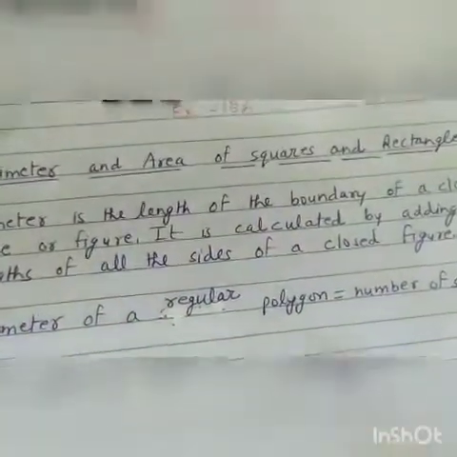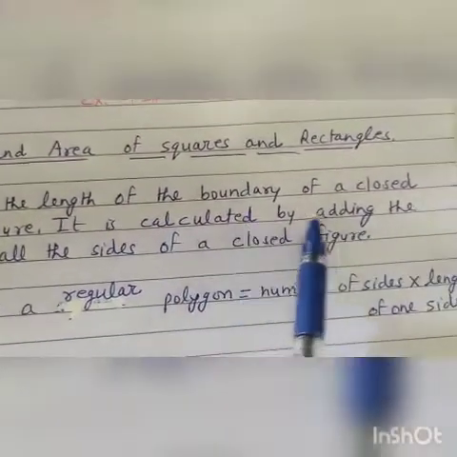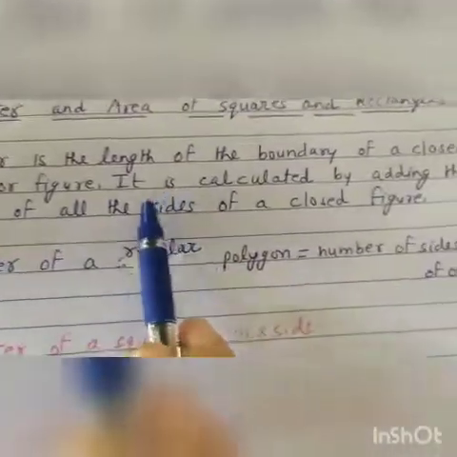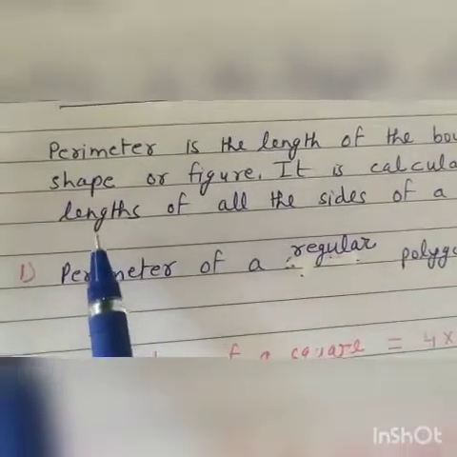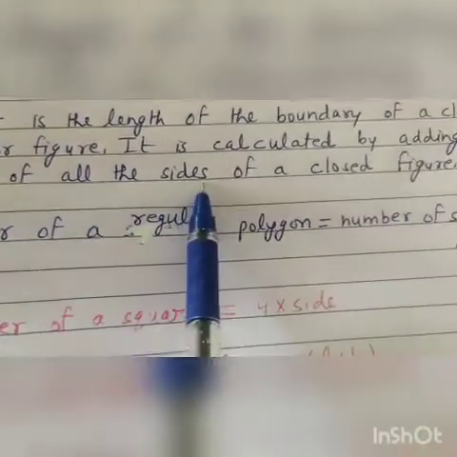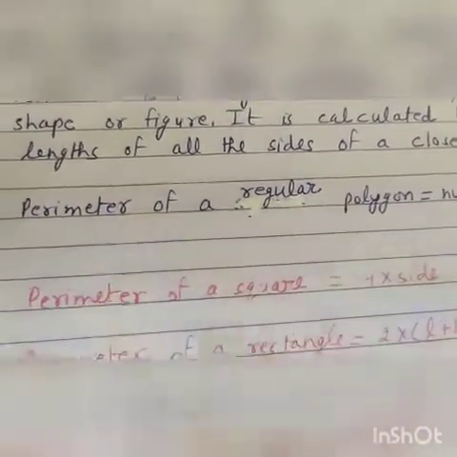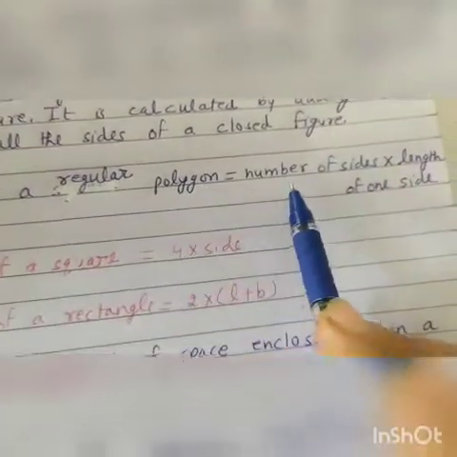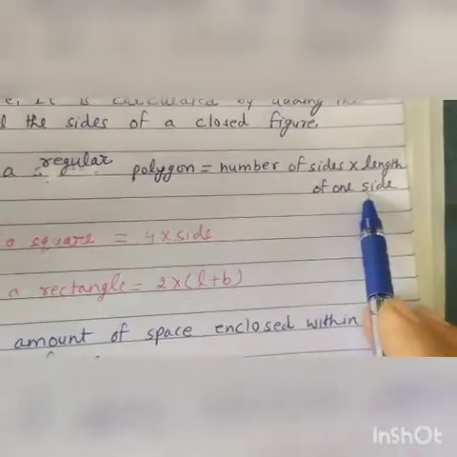So see, perimeter is the length of the boundary of a closed shape or figure. It is calculated by adding the lengths of all the sides of a closed figure. These are the formulas. Perimeter of a regular polygon is equal to number of sides multiplied by length of one side.